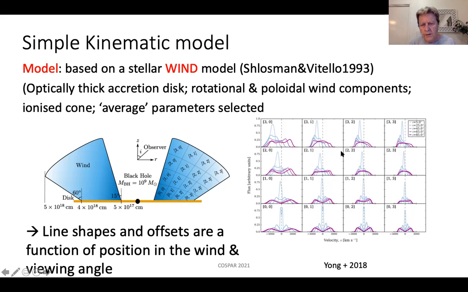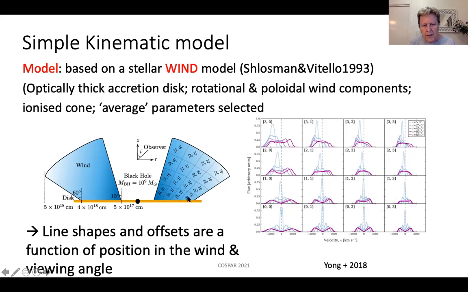And these plots on the right-hand side here show the different line shapes in the different regions as they're outlined in the diagram here. And what you can see is that the line shape and the line offset from where you would expect it to be varies with the position on the diagram.